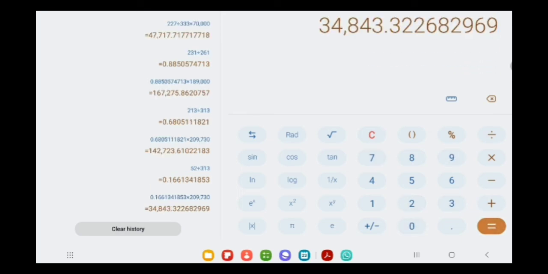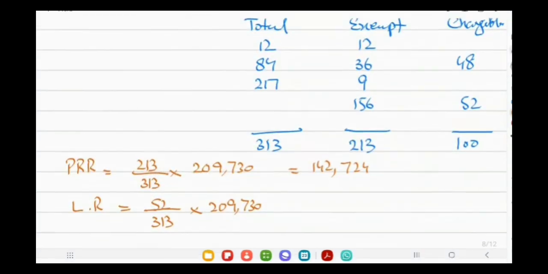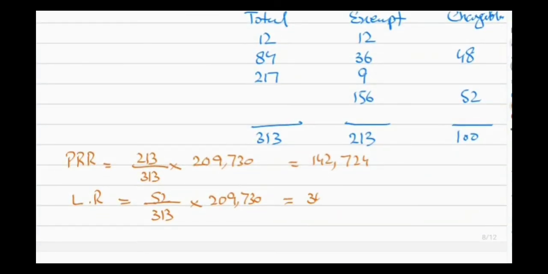So it is 34,843. Remember that it has to be compared with PRR and 40,000, and out of these three figures, whichever is less is your letting relief. Three things we consider for letting relief: actual letting relief, 40,000, and PRR. Whichever is less is your letting relief. So in this case, 34,000 is the deductible amount.